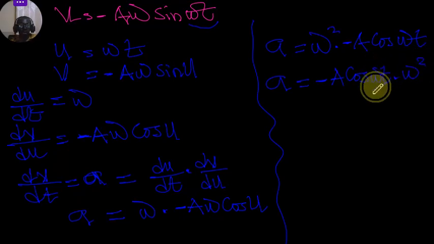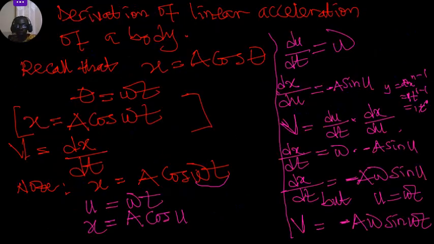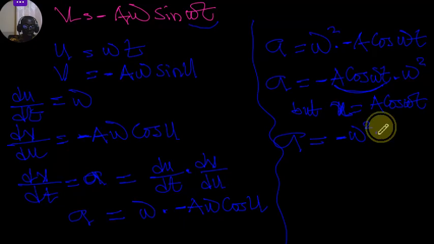Now this a cos omega t, but x is a cosine omega t. When we started the derivation, x equals a cos omega t. Look at it here. So anywhere we see a cos omega t now, we'll quickly replace that with x. So therefore a now means we are left with minus omega squared, and a cos omega t becomes x.